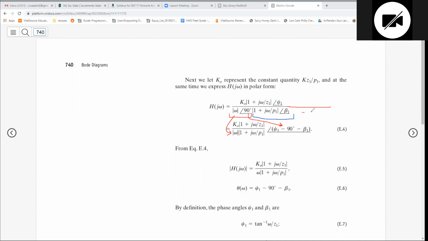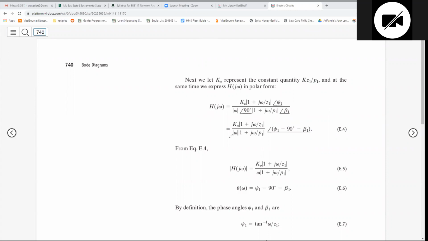Anything underneath the division sign will have a negative angle every time. That's just basic phase arithmetic from the beginning of the semester. And then lastly, for the pole, again, the magnitude will be accounted for right here, and the phase angle will be right here with the negative because we're in the denominator, okay?